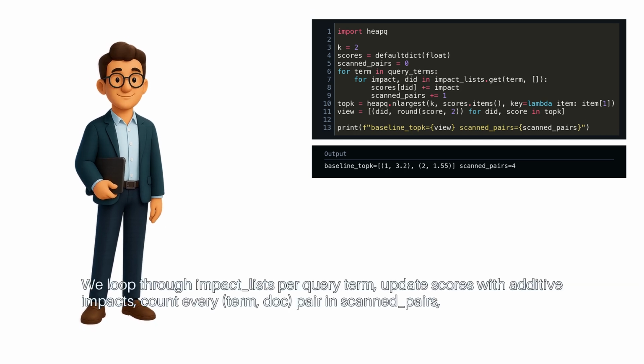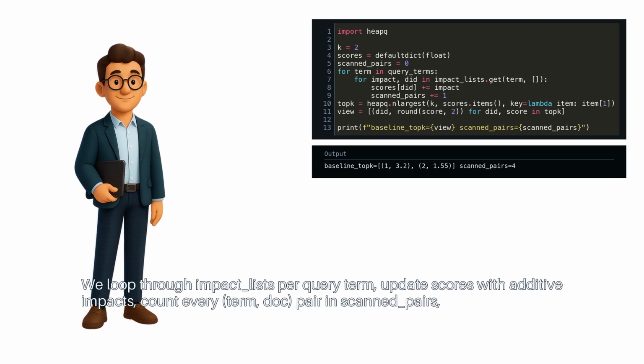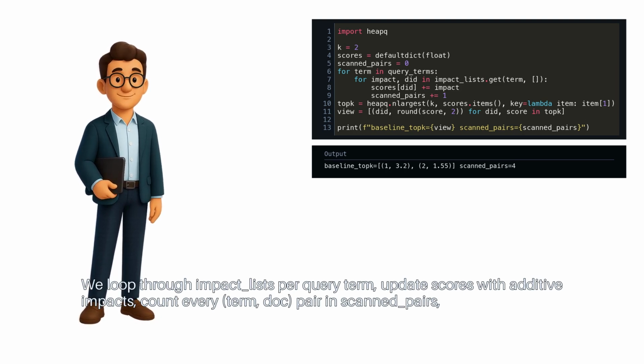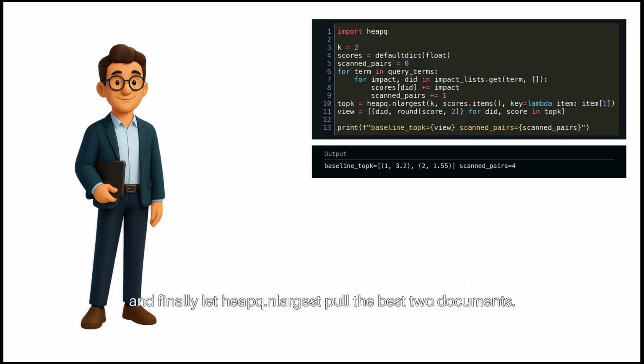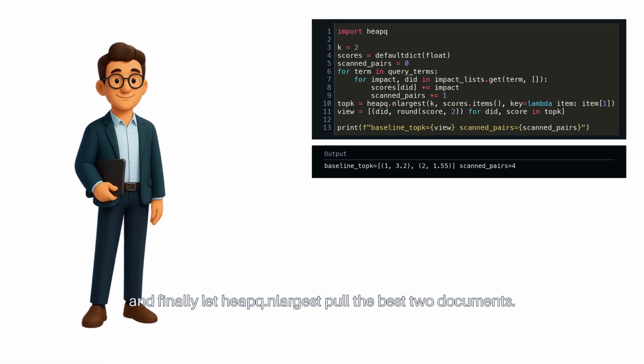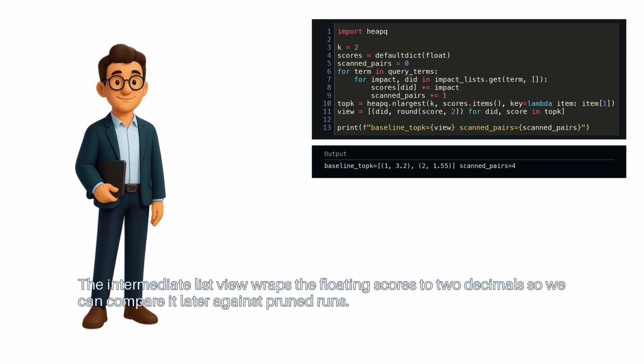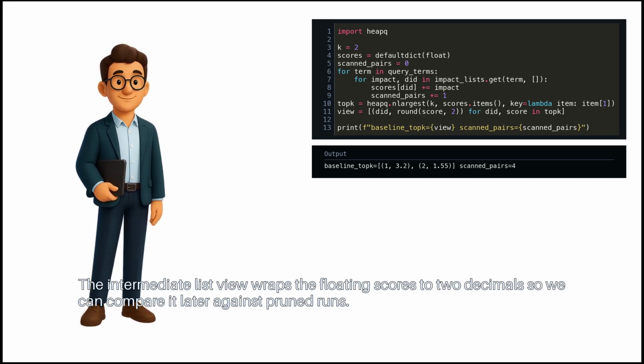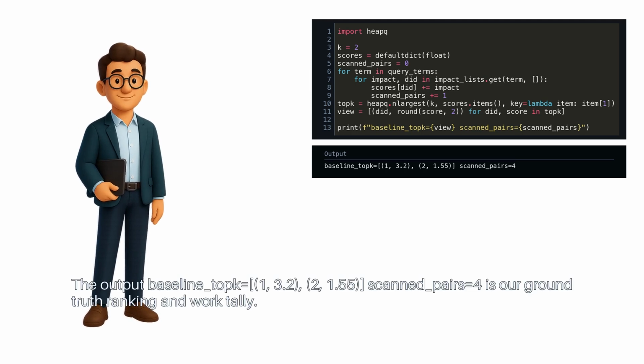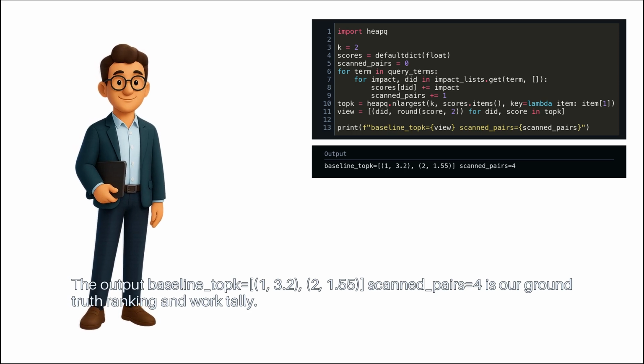We loop through impact lists per query term, update scores with additive impacts, count every term-doc pair in scanned pairs, and finally let heapq.nlargest pull the best 2 documents. The intermediate list view wraps the floating scores to 2 decimals so we can compare it later against pruned runs. The output, baseline top K is 1 3.2, 2 1.55, scanned pairs 4, is our ground truth ranking and work tally.